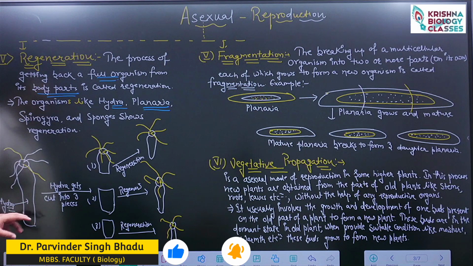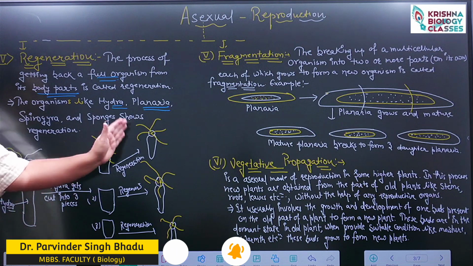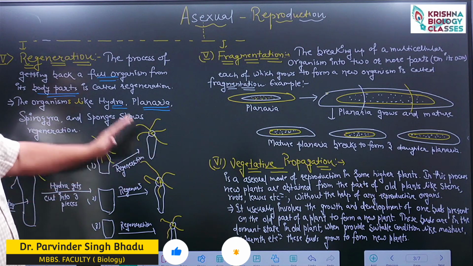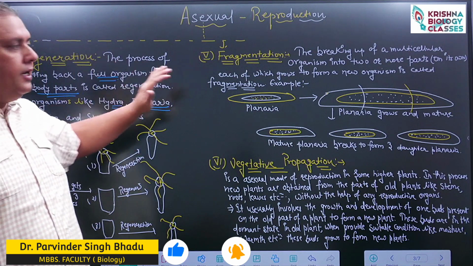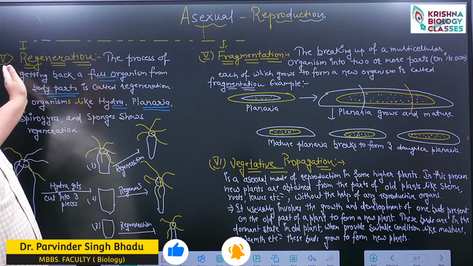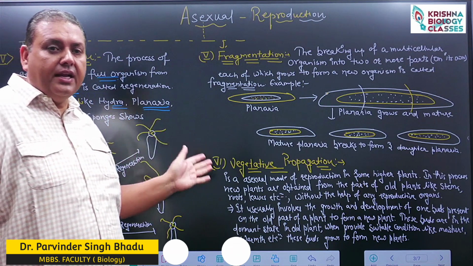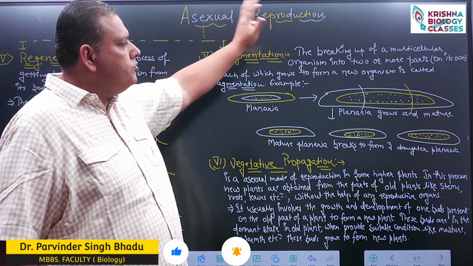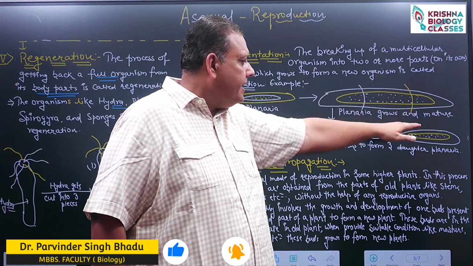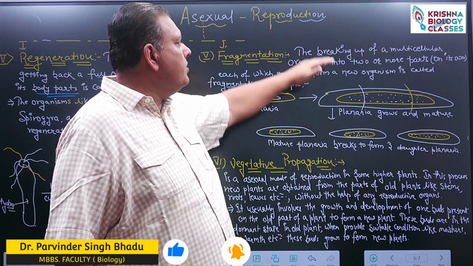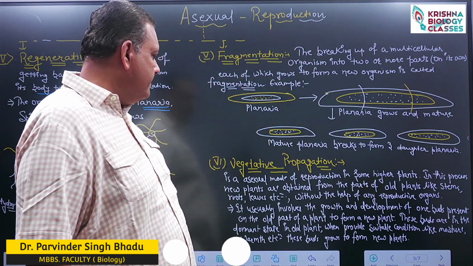The parental organism gets divided into several parts, and then each part leads to the formation of a new organism. This mode is known as regeneration. Fragmentation is also an example of regeneration, in which when the organism matures, it starts to divide and then every part leads to the formation of a new organism.